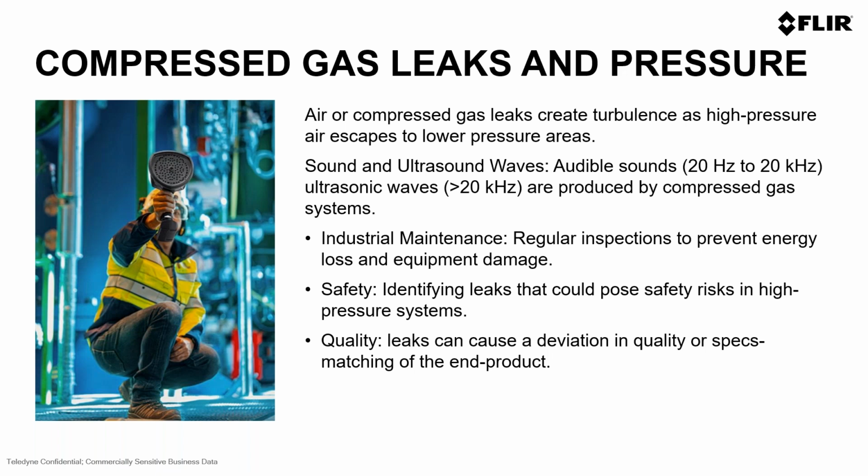As a reminder, when we look at leaks, we look at pressurized leaks: leaks of any gases, compressed air or steam that are under pressure. The camera finds leaks in the audible range, from 20 Hertz to 20,000 Hertz, and the ultrasound range, over 20,000 Hertz.